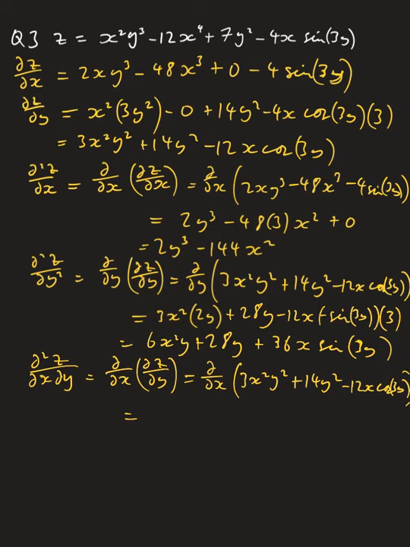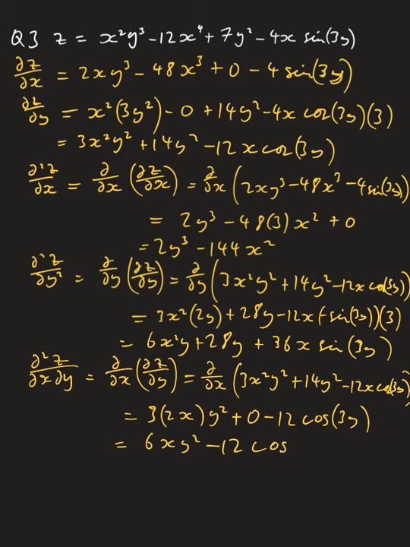So 3x squared y squared: that x squared becomes 2x, and the rest is all just constants for now. 14y is like a constant with respect to x, so it becomes 0. And I have minus 12x times cosine of 3y. So everything apart from the x there is just a constant. So I have x times all that, so I end up with just minus 12 times the cosine of 3y. So I tidy that up and I get 6xy squared minus 12 times the cosine of 3y.